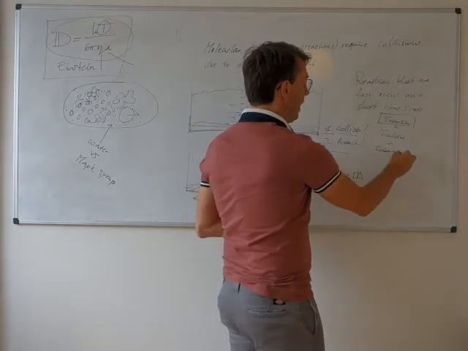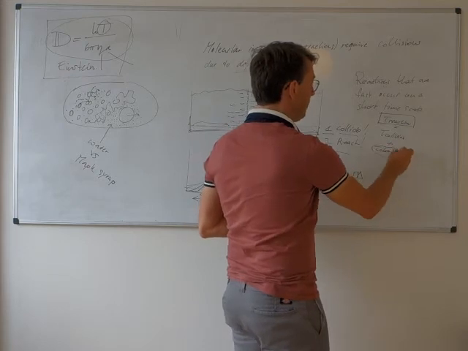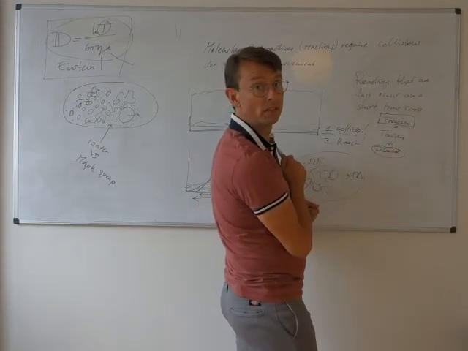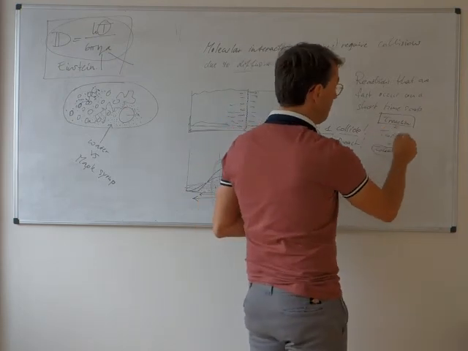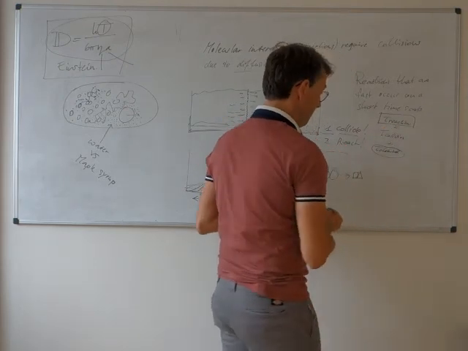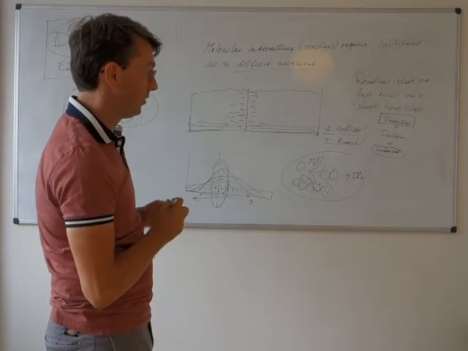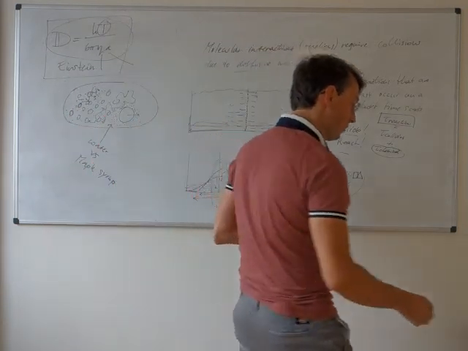Now if these chemical processes are really fast, so you can neglect them with respect to the collision time, then the reaction time is approximately the collision time, right? So for fast chemical processes, the reaction time is approximately the collision time.